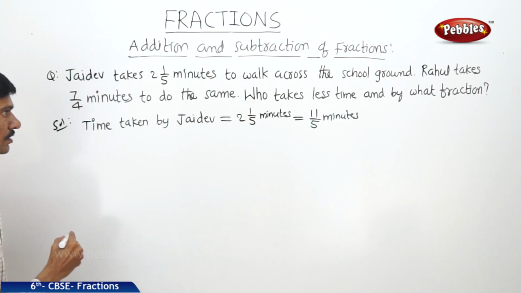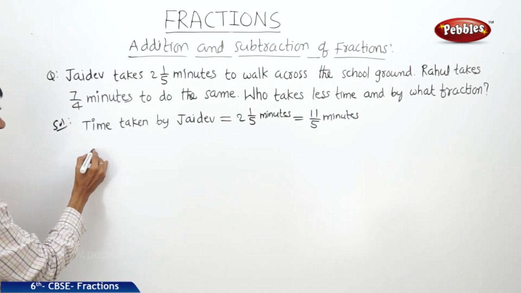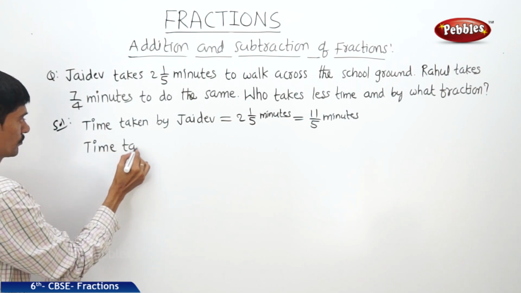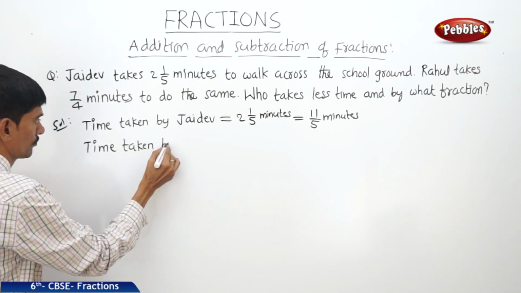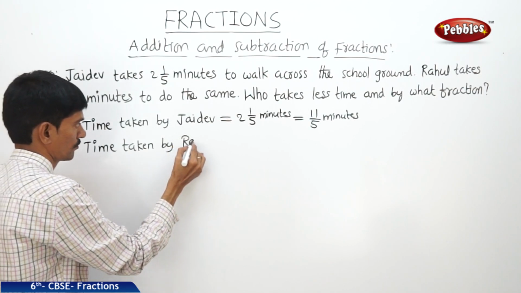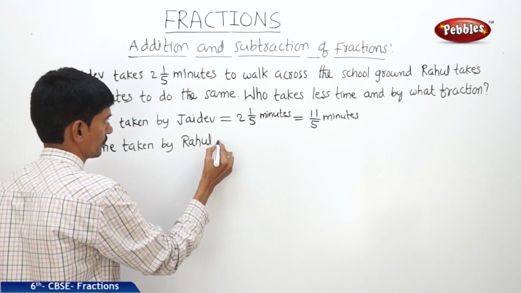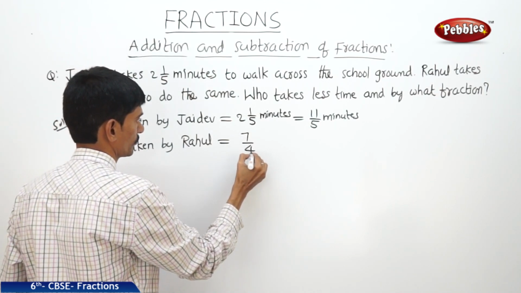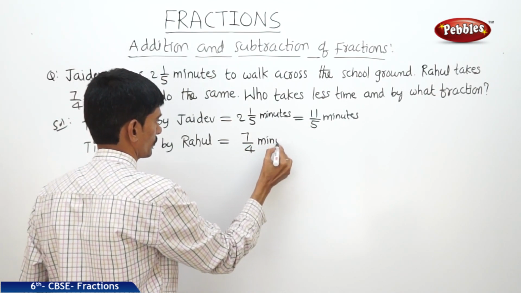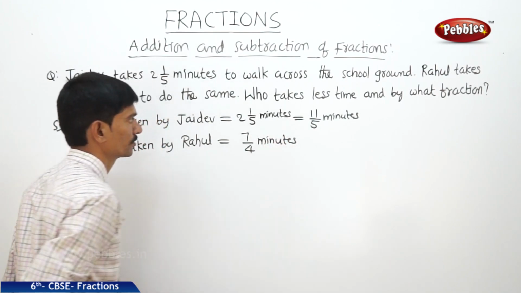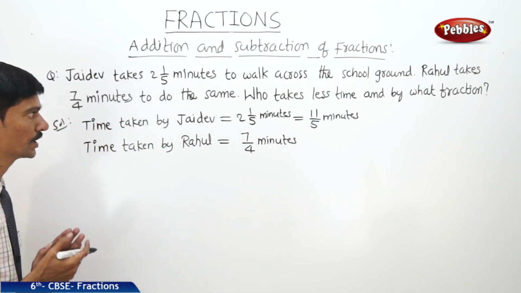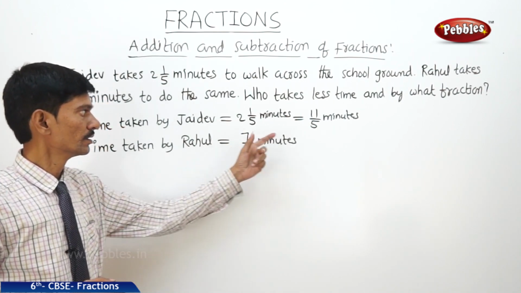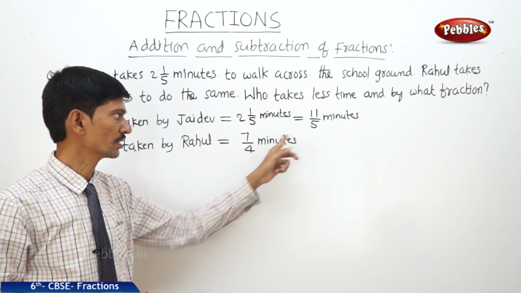Next, time taken by Rahul equals 7/4 minutes. Now if you want to find who takes less time, we cannot find it here because the denominators are not equal.